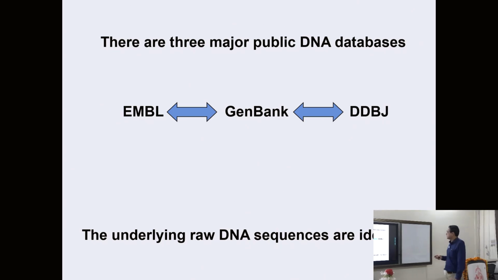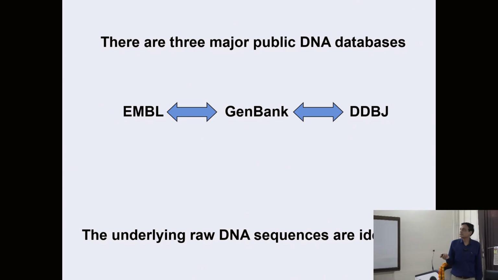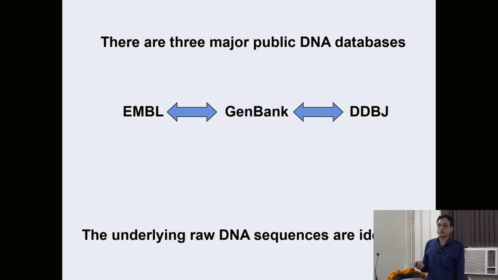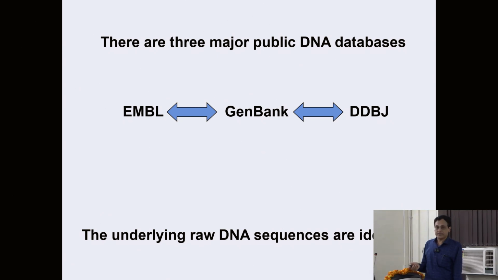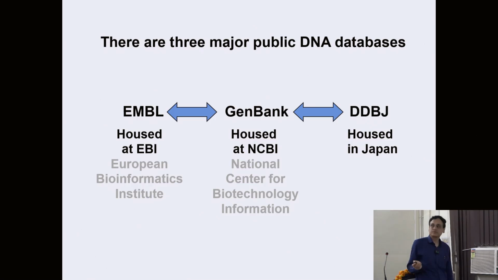There are three major public databases. EMBL, European Molecular Biology Laboratory, GenBank, and DDBJ, DNA Data Bank of Japan. EMBL is housed at EBI, European Bioinformatics Institute. GenBank is housed at NCBI, National Center for Biotechnology Information at Bethesda, Maryland.